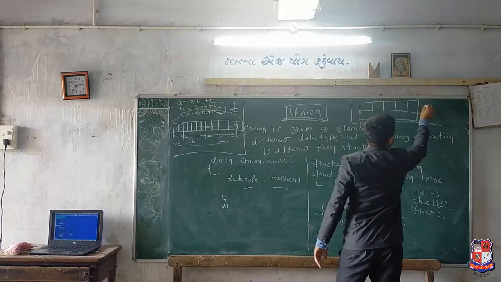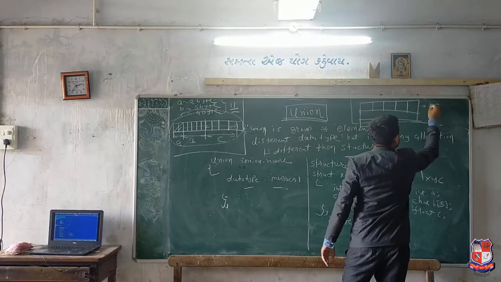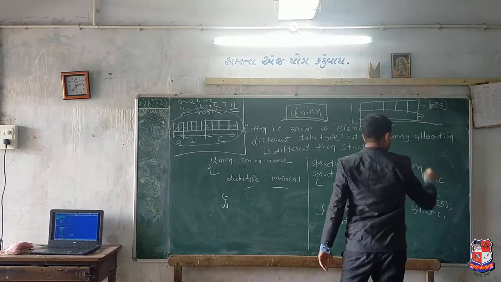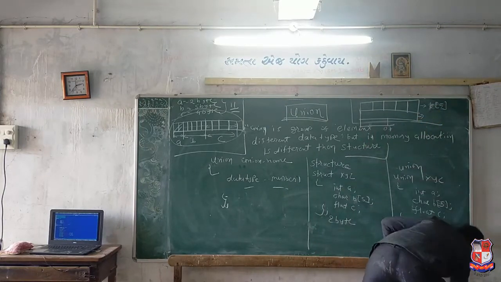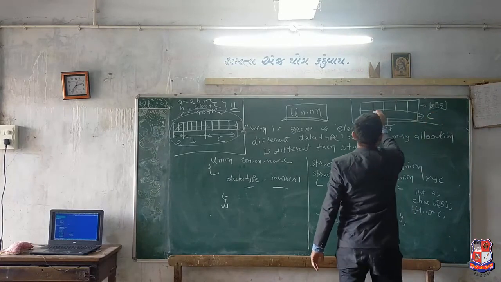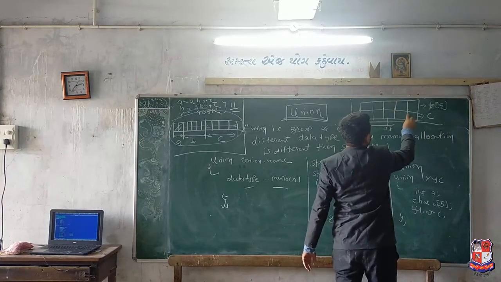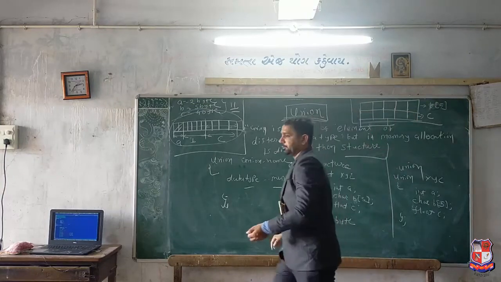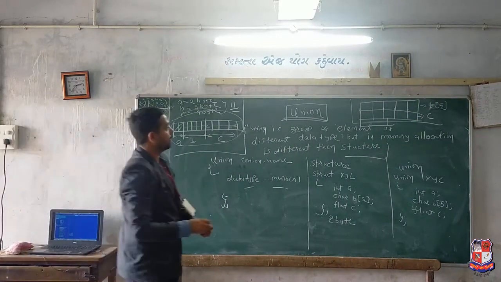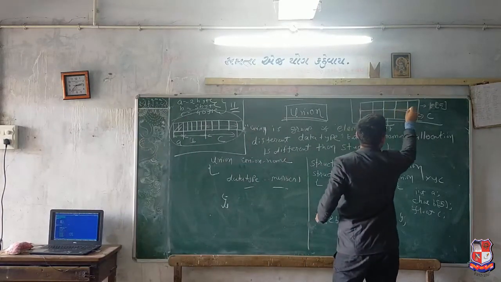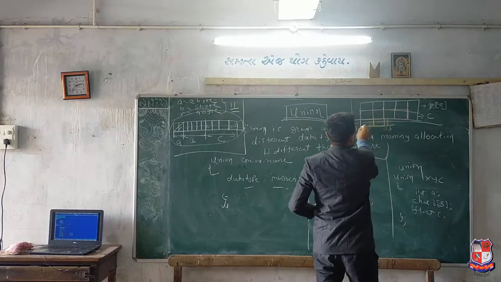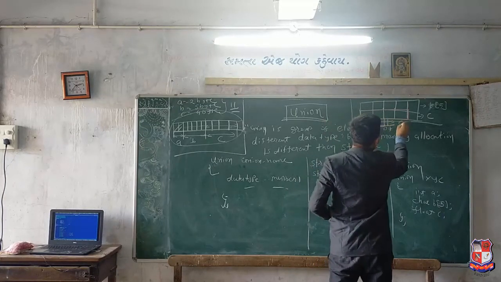Then float c uses the 4 bytes. And integer uses 2 bytes.